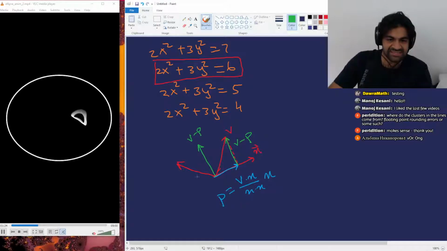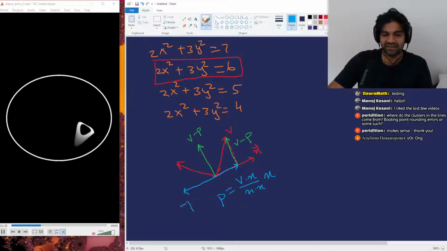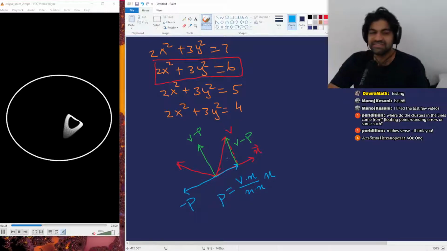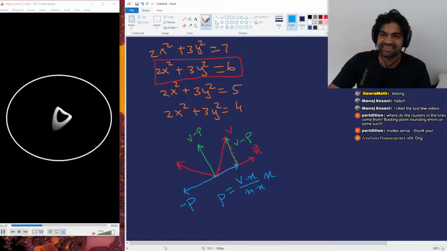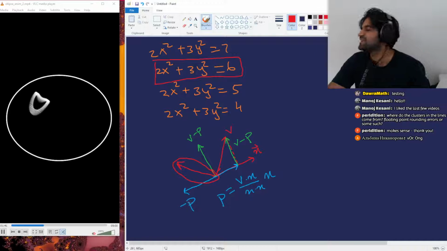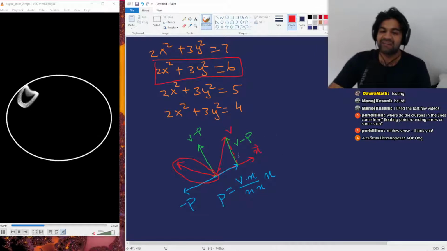So this is v minus p. And also, let me draw over here. This one pointing this way is negative p. You see that? So the vector I'm after, that's this vector over here, is the sum of v minus p and minus p. So the vector that I'm after is just v minus 2p.